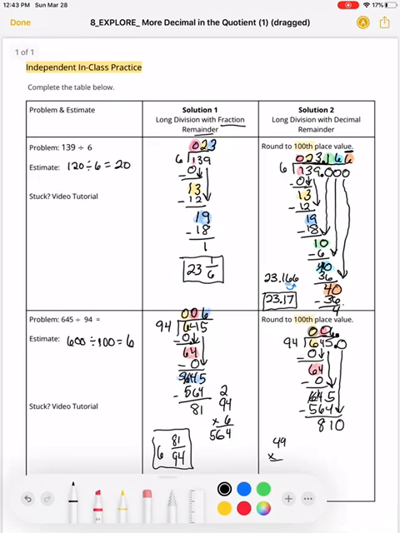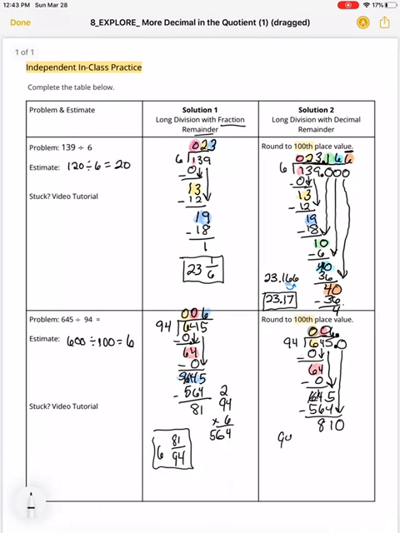So, kind of hard to read. So 94 times 8 gives me 32, 72, 75. Okay, and then so my 8's gonna go up top, and then I'm gonna get 752, and I need to subtract.